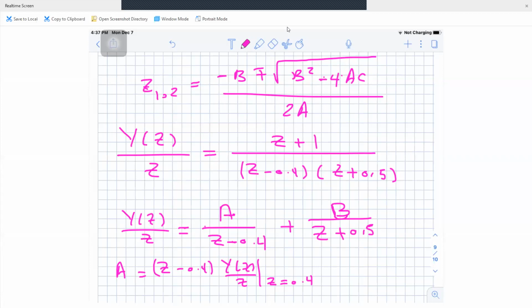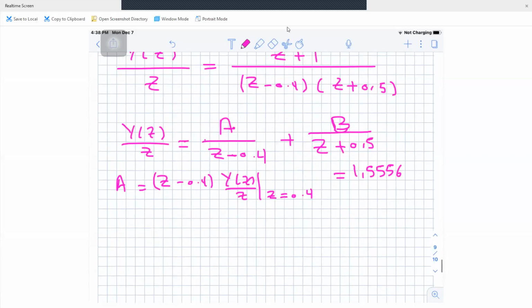Directly you can calculate it, and I'm going to give you the final answer, which is 1.5556. And for B, the same thing.